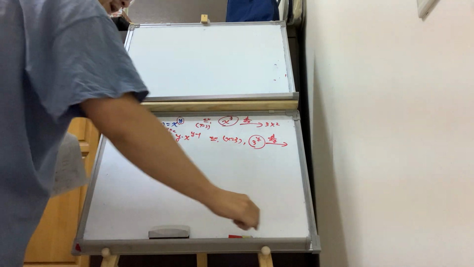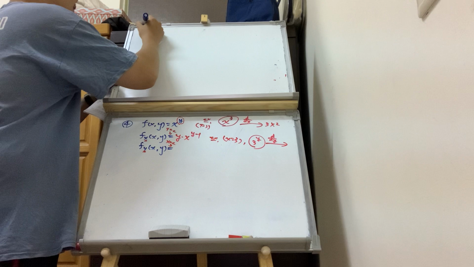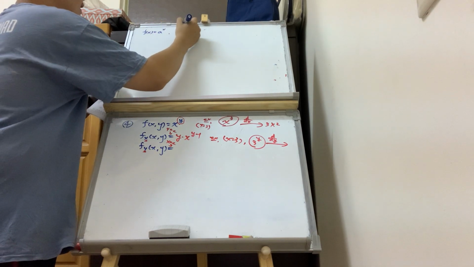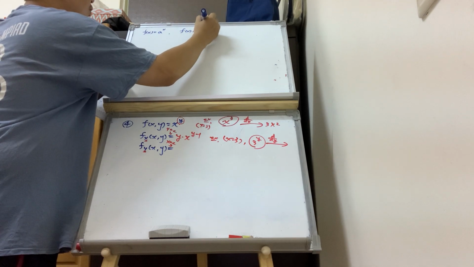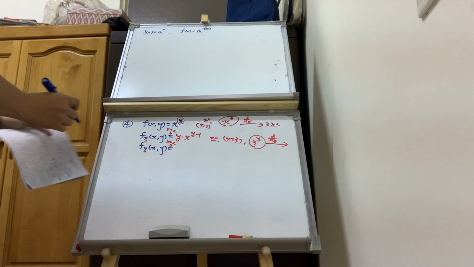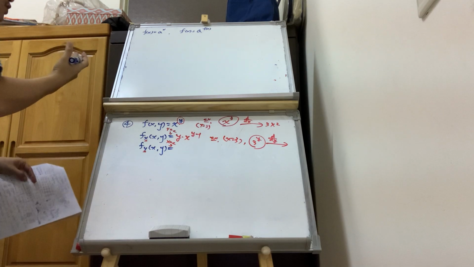You should come back to this form: f of x equals a to the power of x, its derivative formula, and the general case, a to the power of f of x. If you remember that, of course you could just follow the derivative formula.